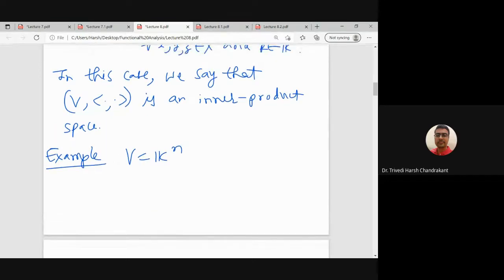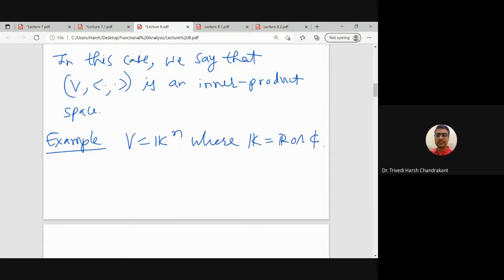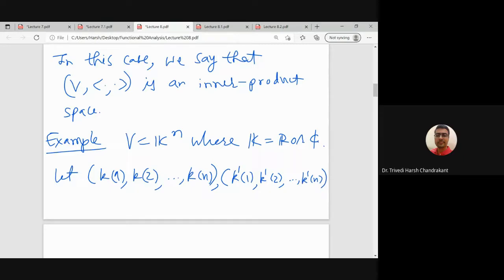So V is K^n, where K is either the set of real numbers or complex numbers, right? Then, how to define an inner product here? We know that in our notation we are using coordinates k_1, k_2, ..., k_n and another element k'_1, k'_2, ..., k'_n. So these are two elements of K^n.